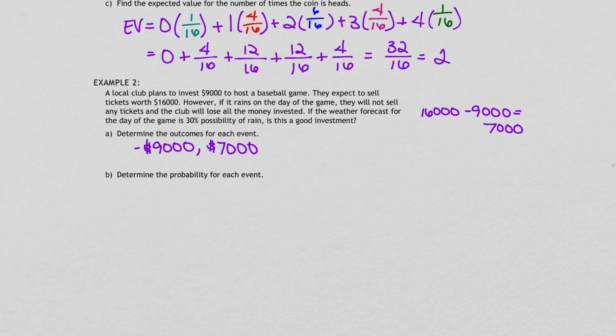Well, the probability that they would lose this money, there's a 30% chance, so we'll change that to a 0.3. And the probability that it won't rain would be 1 minus 0.3, or 0.7, 70% chance that it won't rain.